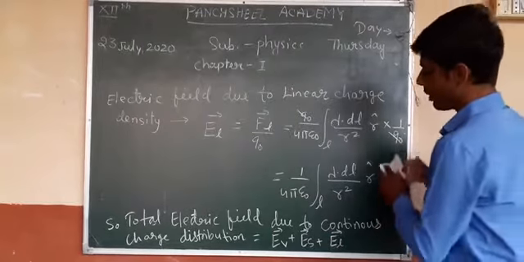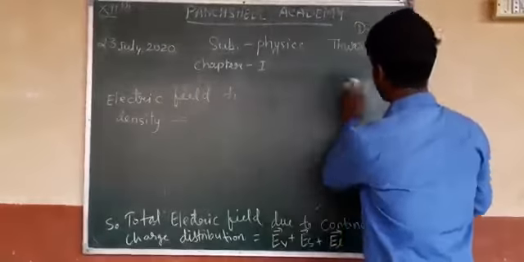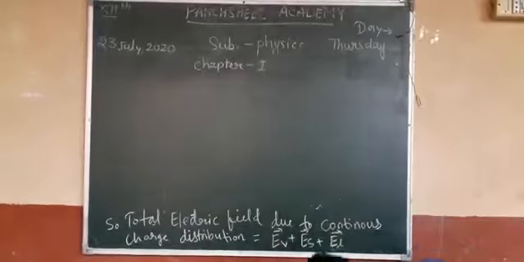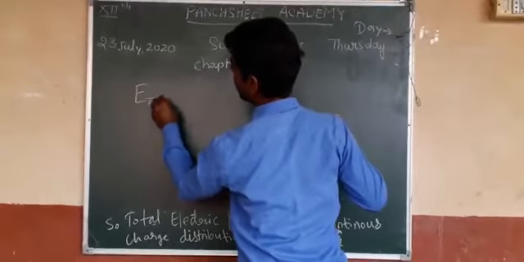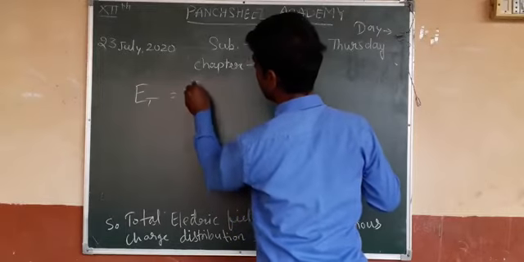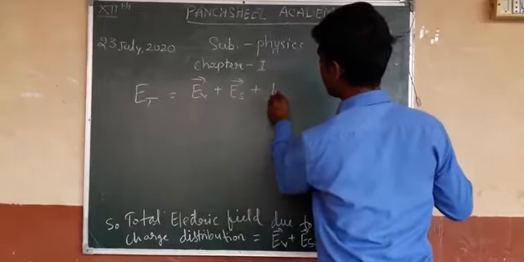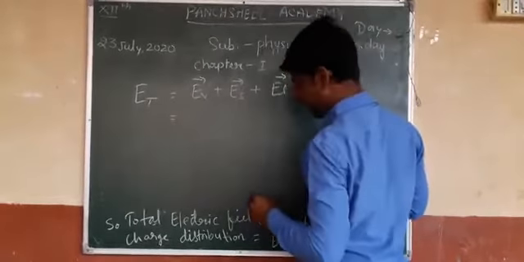I write here the total electric field due to continuous charge distribution: E total equals Ev plus Es plus EL. And what is the value of Ev?